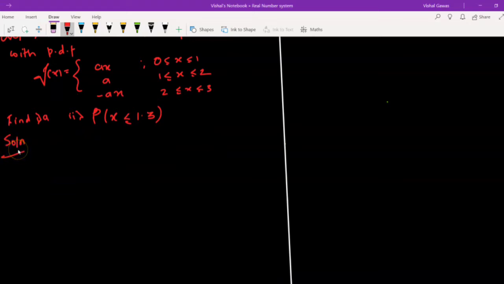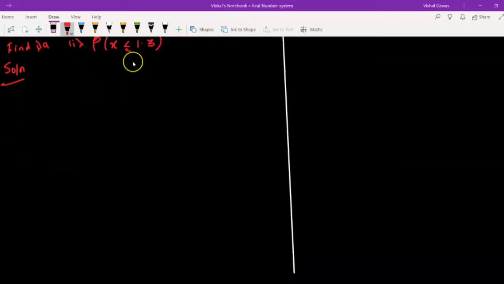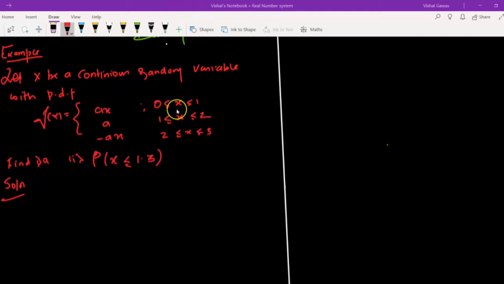One thing to do is we see that the total probability is 1, right? If you look at the total probability from minus infinity to infinity of any f of x, where f of x is a probability distribution function, it is 1. But if you notice this function, it's 0 everywhere except for the interval.